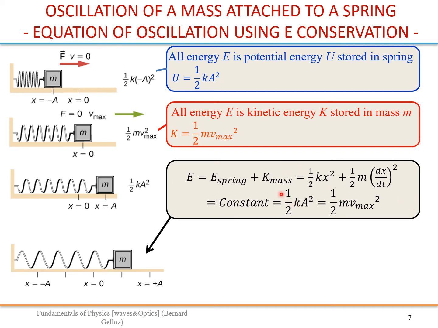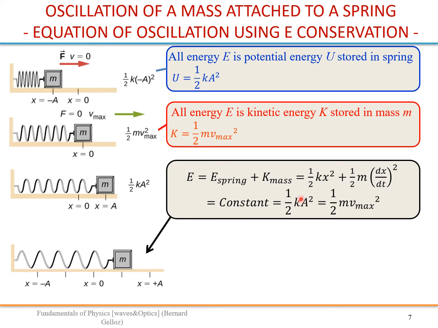Alright, so you know this expression. This can be useful in itself, because in some problems they may give you the amplitude and k and m, and they will ask what is the maximum velocity. So with this you can solve this. Alright, so is this useful? Can you solve this easily?